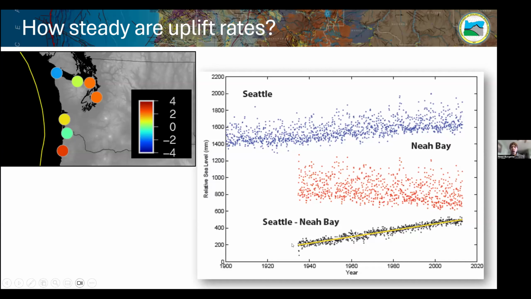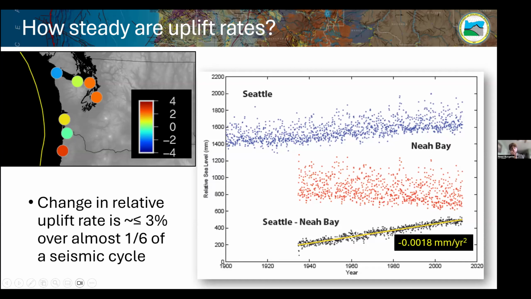And this yellow line is a quadratic model fit to that time series. And you can see that over that nearly century timescale, there's been very little change in the vertical deformation rate. So I think there are opportunities to test these sorts of questions in a way that won't be possible with space geodetic data for decades to come.